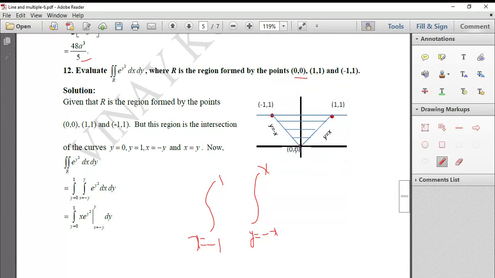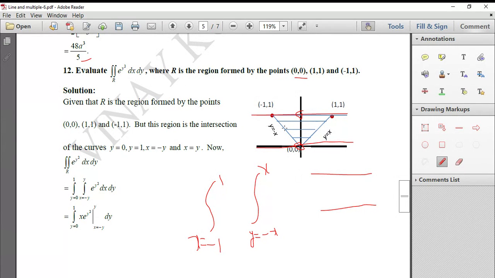you can choose, see, here, your y-axis length is from 0 to 1. See, y is 0 here, and at the most it will go to 1. Y is 1. So your y-axis varies from 0 to 1. Let me choose that. Y varies from 0 to 1. But from where to where does your x vary?